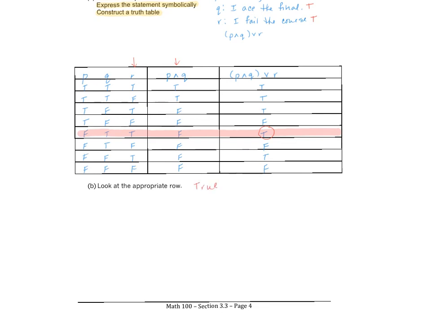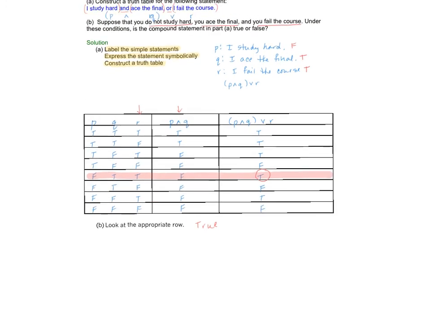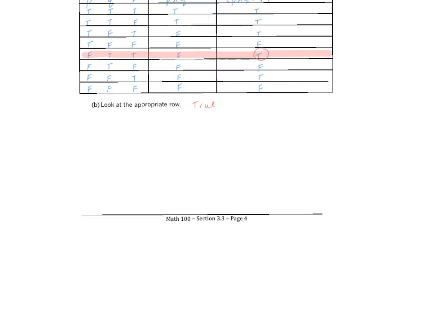Notice that in this problem, I really didn't have to construct a truth table. I could have still identified my statements and looked at the symbolic form, which was P and Q, or R. And I knew that P was false, and Q was true, or R was true.